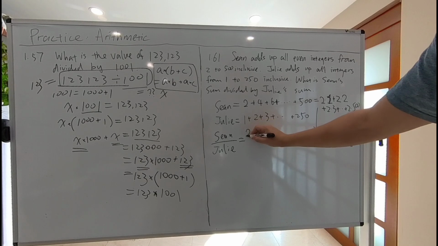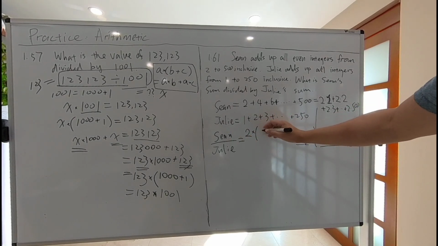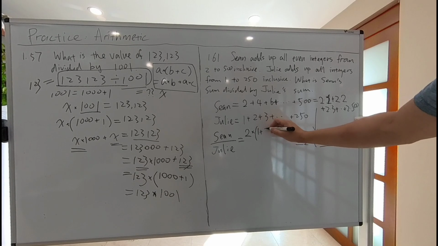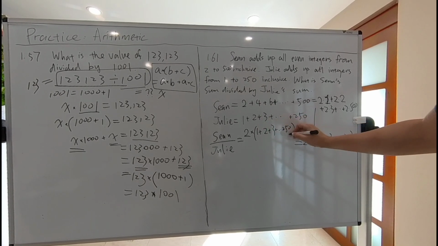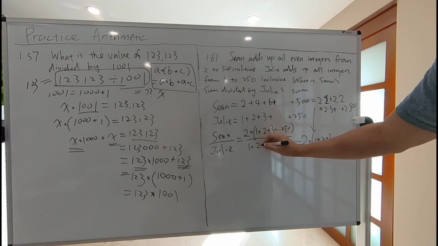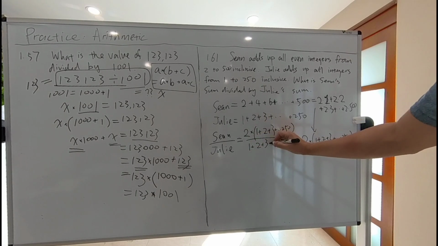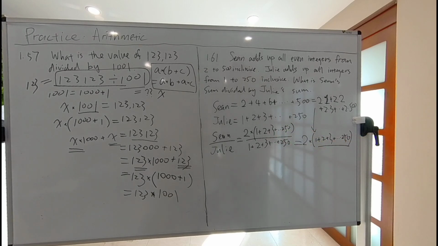So writing this back here, the sum on the numerator is 2 times 1 plus 2 plus 3 up to 250. And the one on the denominator is just 1 plus 2 plus 3, also up to 250.